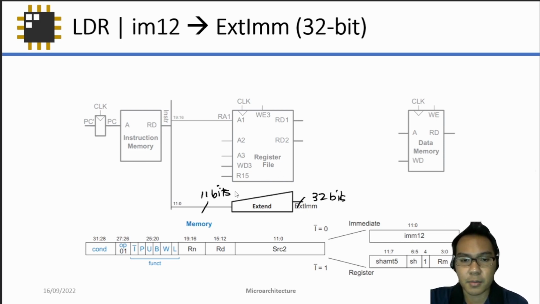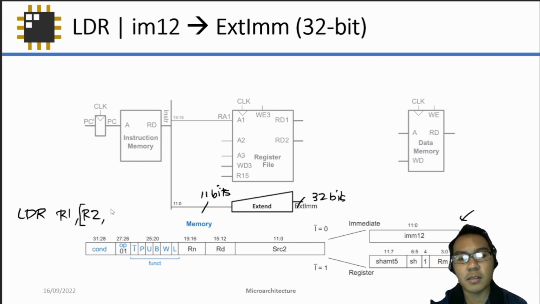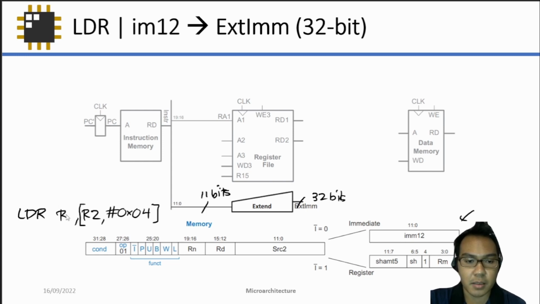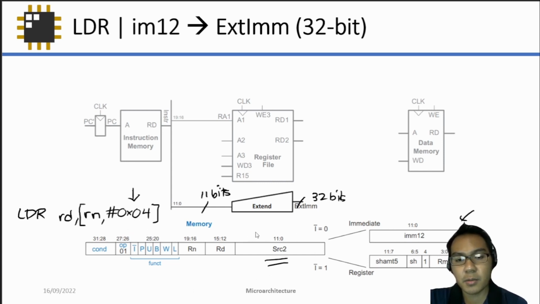Say we had an instruction LDR R1, R2, 0x04. Let's call them RD and RN. This is immediate addressing, so this 0x04 will be encoded into this SRC2, which will be sign extended into 32 bits. So this is 0x04 in 32-bit form at the output.